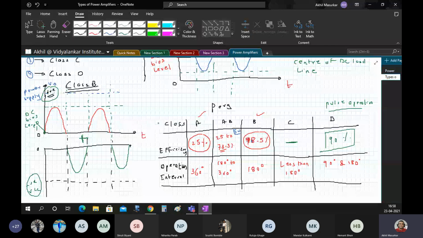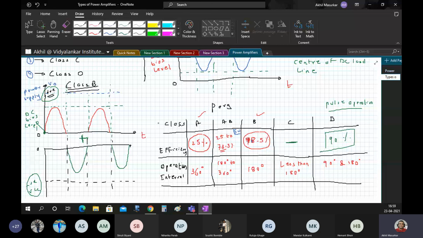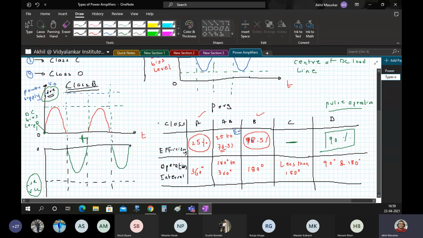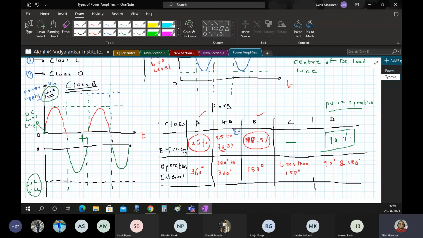From the next class onwards we will derive or see circuits for class A, class B, class C, and D, and the analysis will first involve the circuit, second its DC bias point, third the equations for efficiency, and obviously we will also have some equations for power since it's a power amplifier. Once we are able to derive formulas, we should be able to design the amplifier.